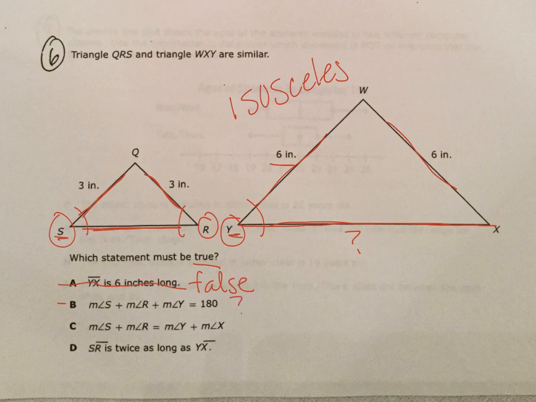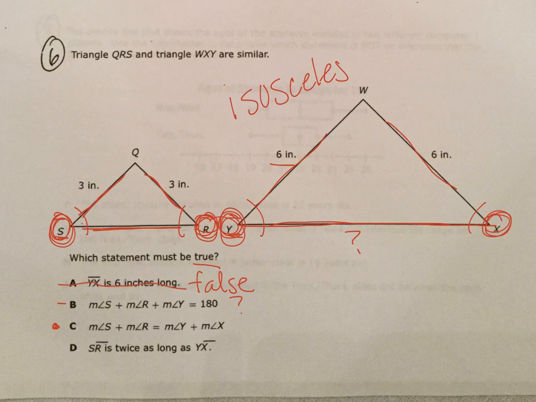Let's look at C. So the measure of angle S, which is this one, and R is equal to the measure of angle Y and the measure of angle X. Now, these are the exact similar angles, so I can probably assume that this is my answer here.